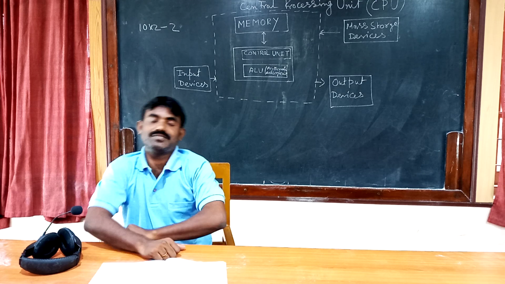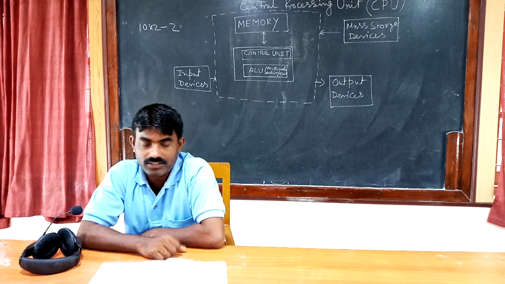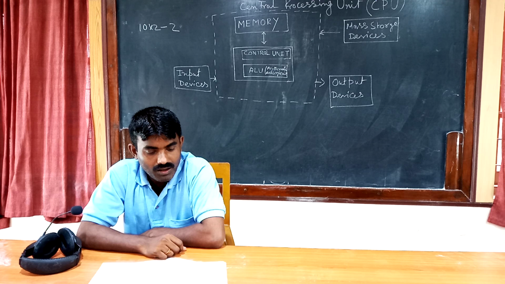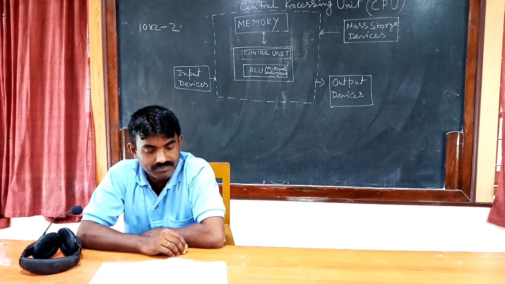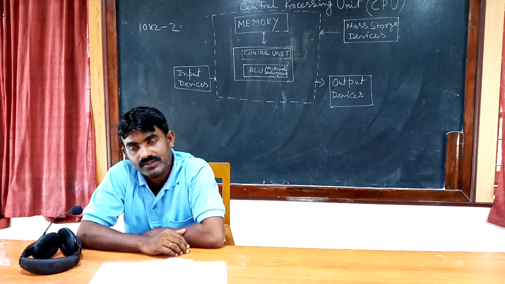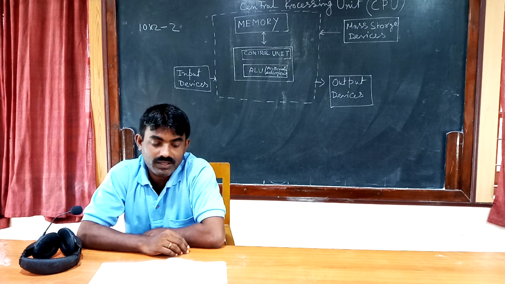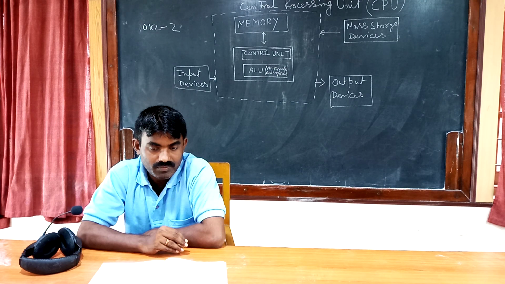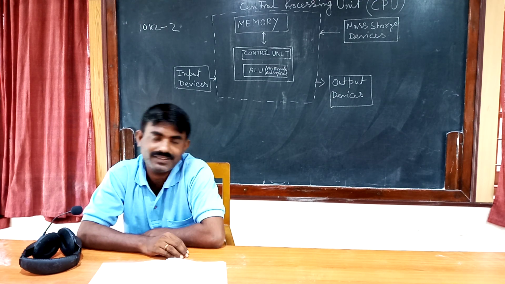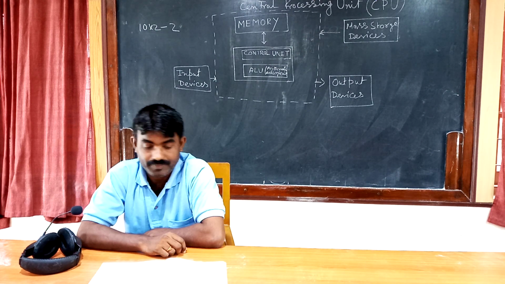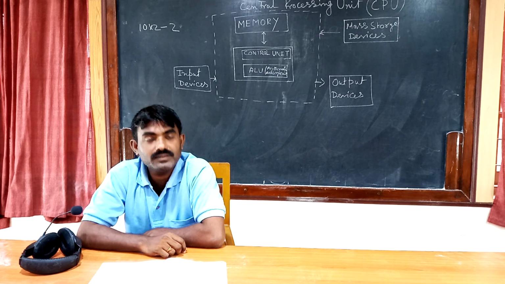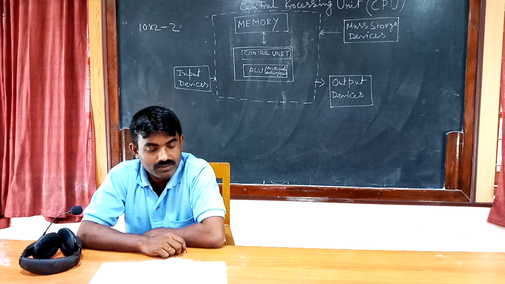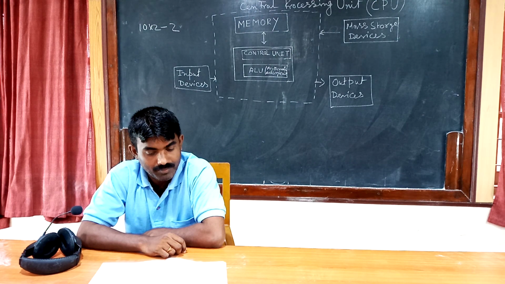Now we discuss cache memory. What is cache memory? Cache memory is a very powerful memory and it has a very high capacity to access data, called the buffer system. It is situated between the CPU and main memory.